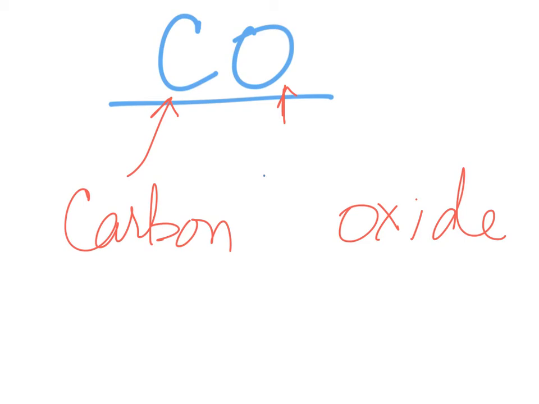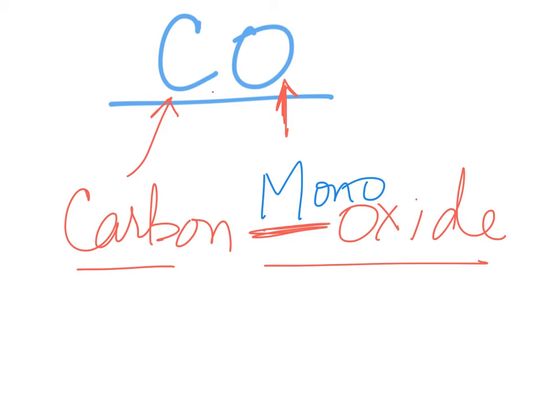In this case, we say carbon monoxide, right? So please make sure you understand this. The mono is used for the second atom, not for the first one, right? So we say carbon monoxide and not monocarbon monoxide, just carbon monoxide.